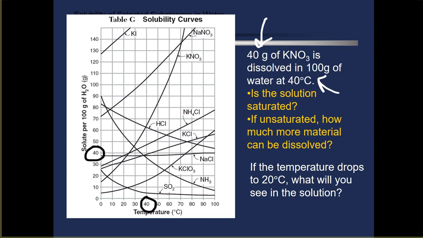So right where those intersect, we're going to look at the KNO3. So the KNO3, I'll draw it in green here, is the curve that comes through right here. All right, so that's what we're looking at for 40 degrees and 40 grams. I am right smack dab on my graph right there, okay?